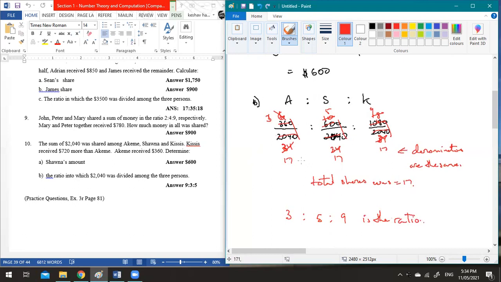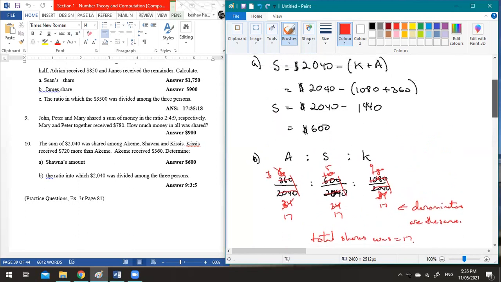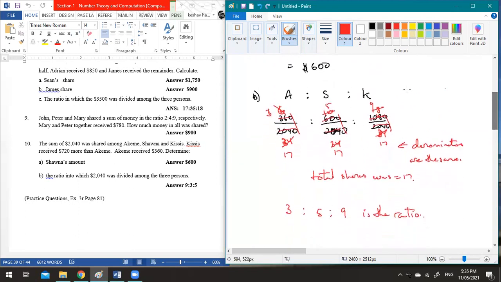If we had gotten different denominators, like say this one is 34 and this one is 17, all you'll do is multiply by 2 to get them to the same denominator, right? So you just make them fractions of the total amount, which is given. And once the denominators are the same when you simplify it, you use the numerators as the ratio.